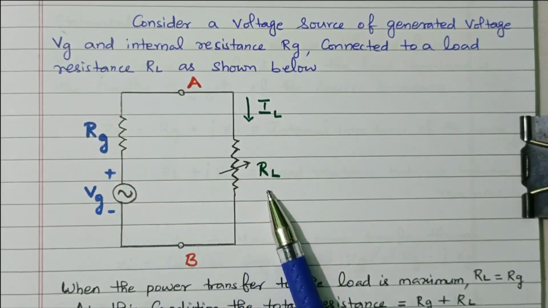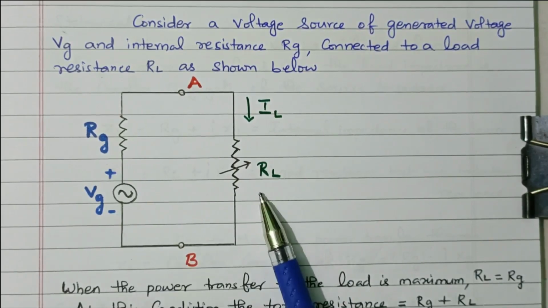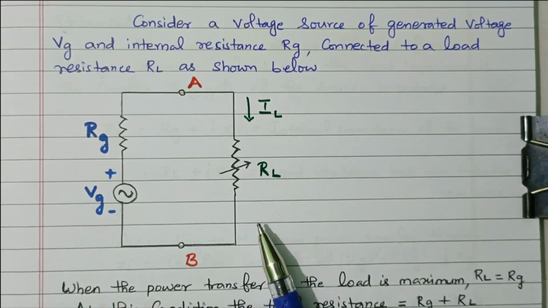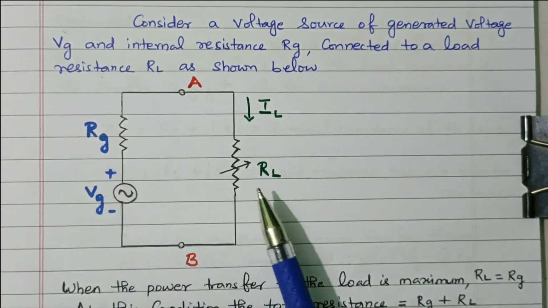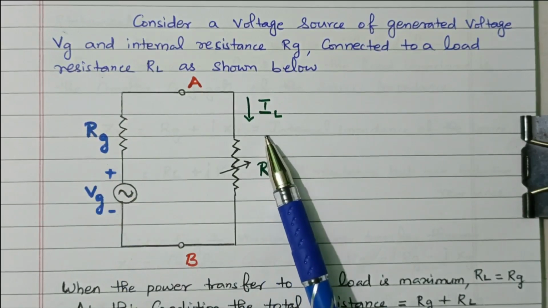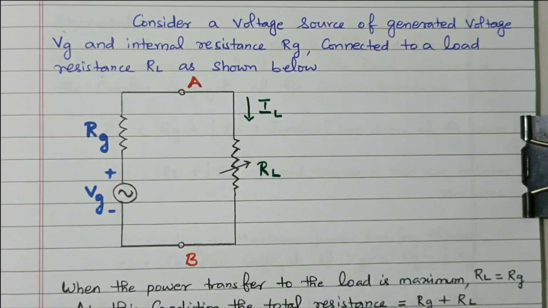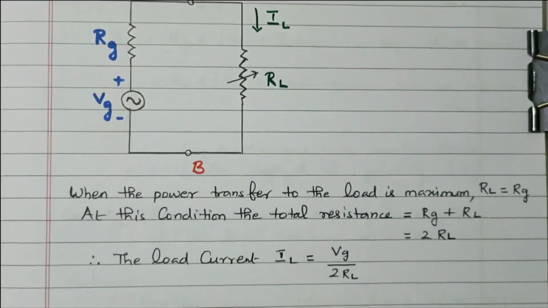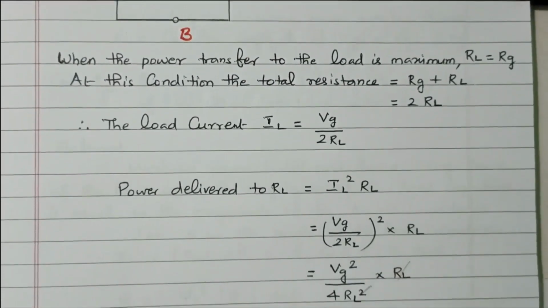If both are equal, then this voltage source will deliver maximum power to the load. That is the statement given. Now we'll go for the further derivation to verify how the maximum power is delivered to the load.